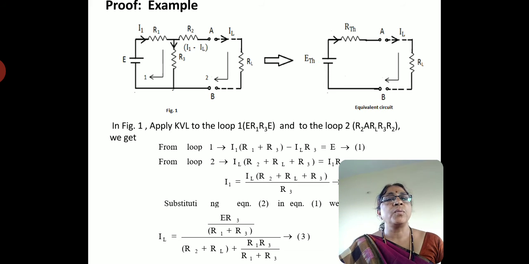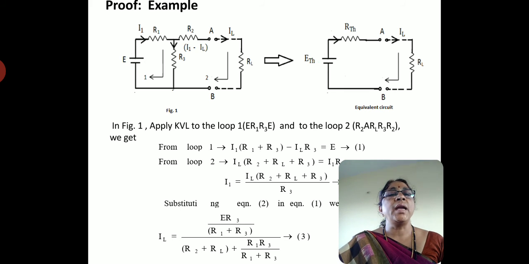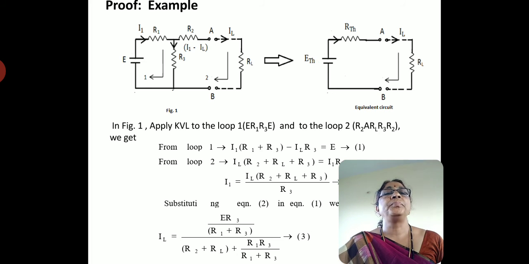And next from loop 2, see here IL into bracket R2 plus R3 plus RL and minus of I1 into R3 and that is equal to 0 because this loop does not have any EMFs.